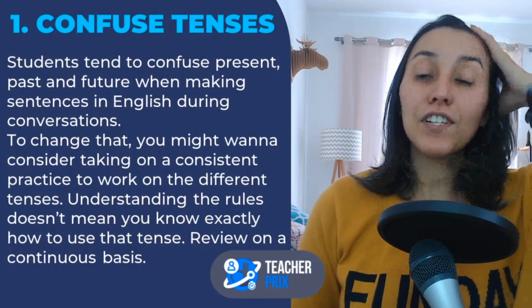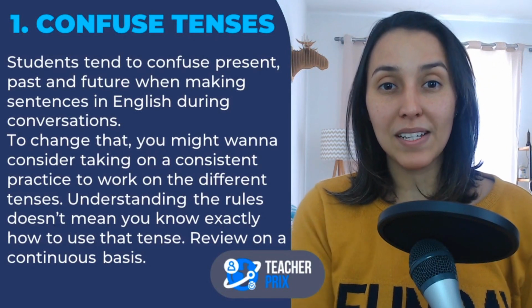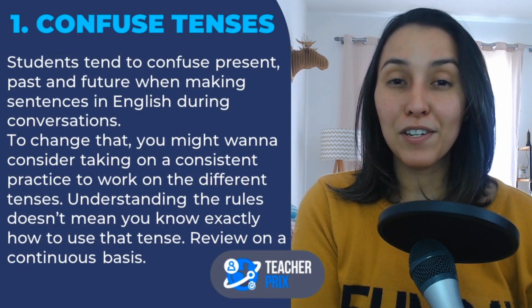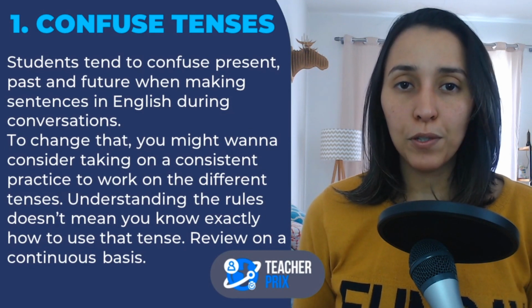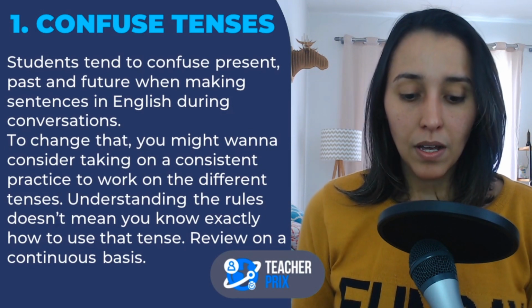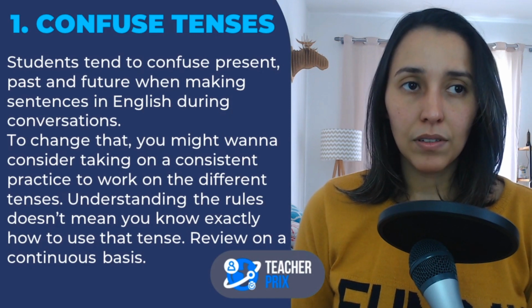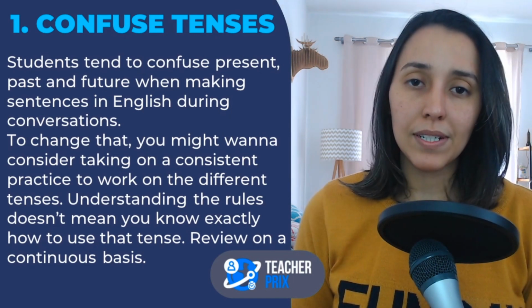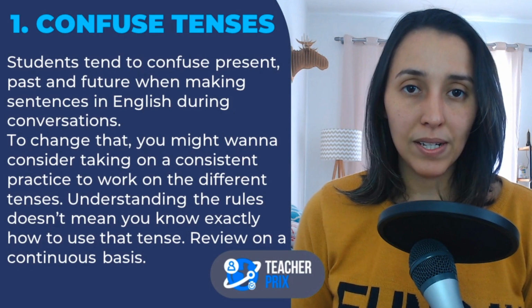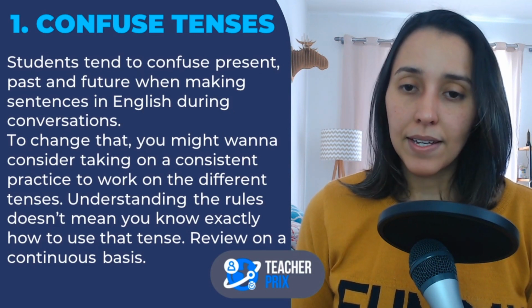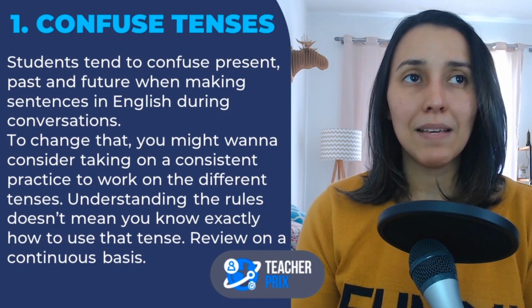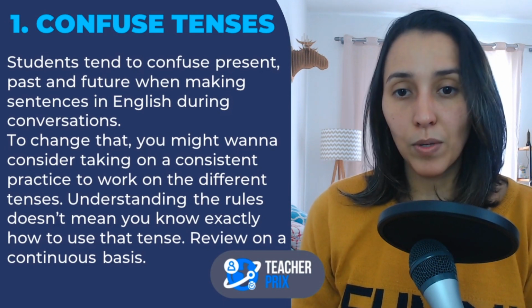Now, the first speaking mistake students make is to confuse tenses, okay? Primarily, we have 3 very important tenses in English. We have present, past, and future. When making sentences in English, and when I say making sentences, I mean when you're talking, okay?